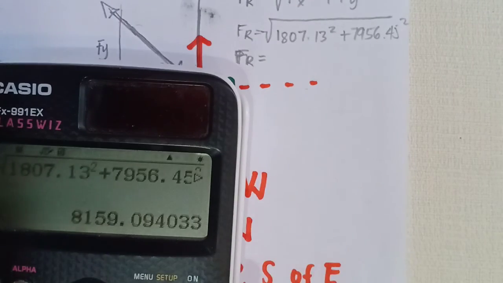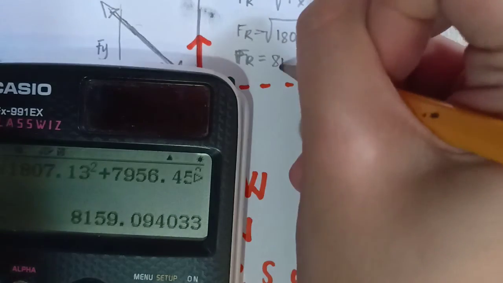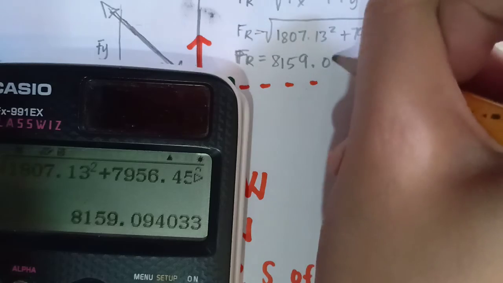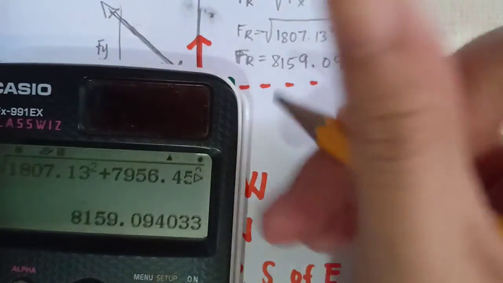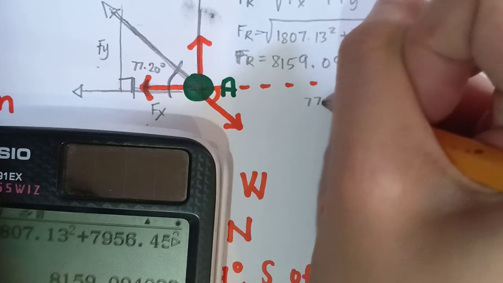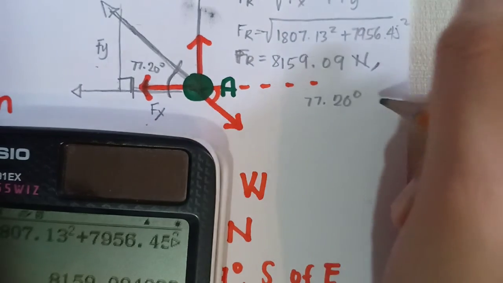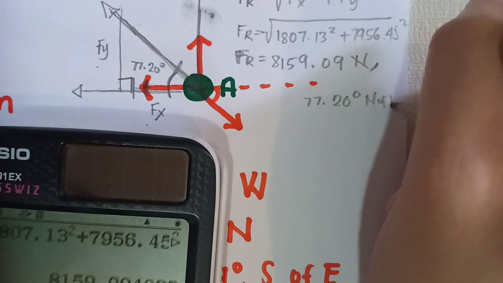You will get an answer of 8159.09 N, and it is going 77.20 degrees north of west.